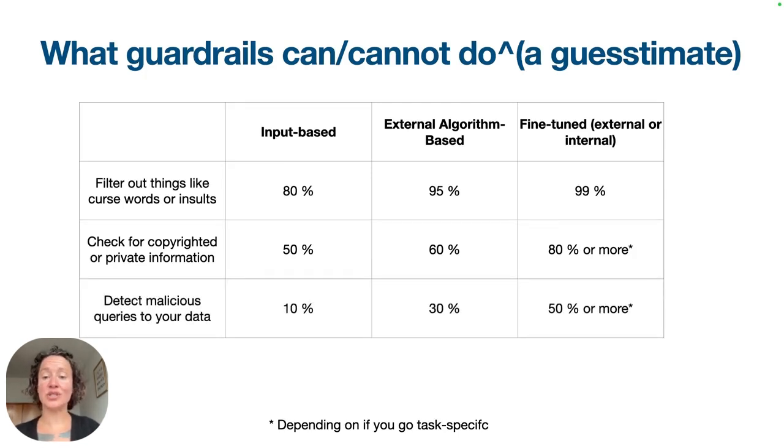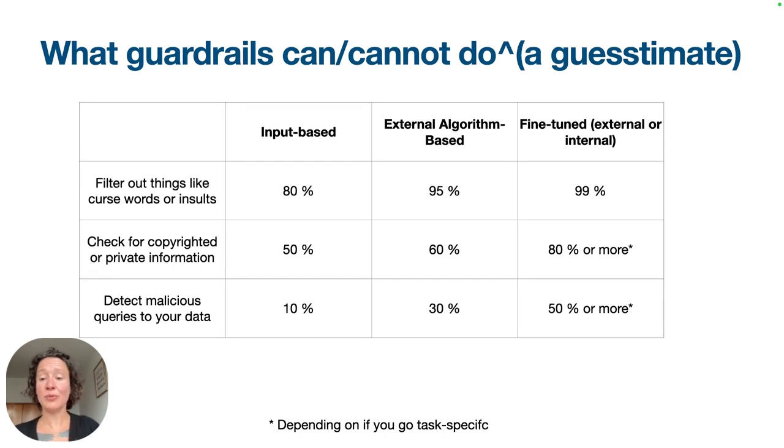Malicious queries to your data, so data extraction attempts via either actual MIAs or data exfiltration types of attacks. Input-based isn't going to catch much. Algorithm-based also isn't going to catch much. And let's be real, even fine-tuned, you're going to have to spend and invest a lot of time. Doesn't mean it's not worth it.